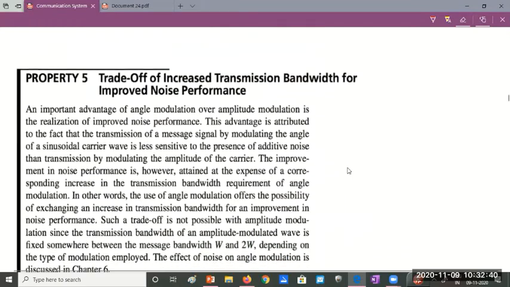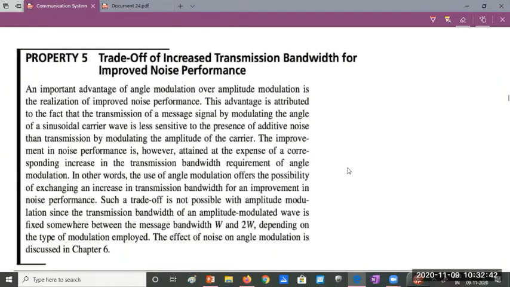Another very important property is the trade-off of increased transmission bandwidth for improved noise performance. In the sense, if I want better performance in the presence of noise, then I should send the signal using higher bandwidth.